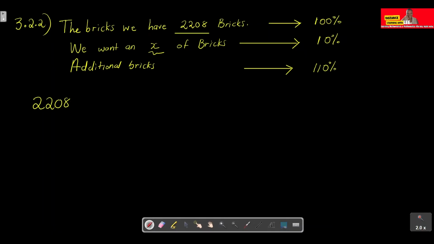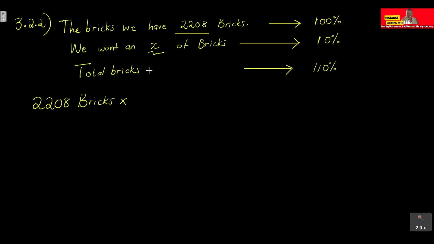For us to determine the number of bricks that we will need, you'll just take that 2,208 bricks and multiply by what we want. That 110% represents the total amount of bricks that you'll have. You want to know how many total bricks you will need to cover for the wastage.